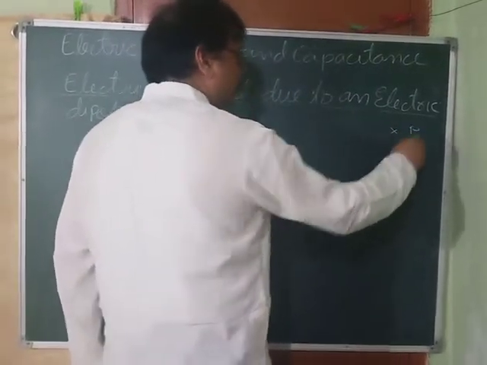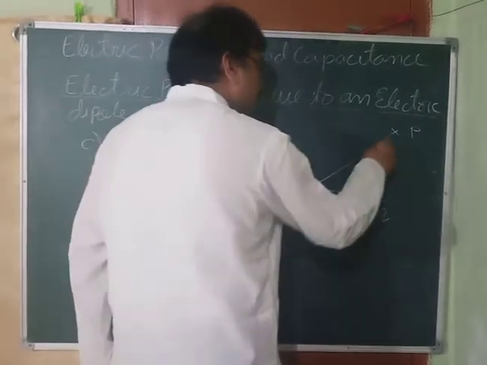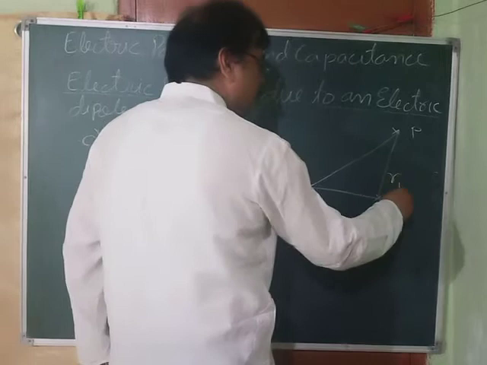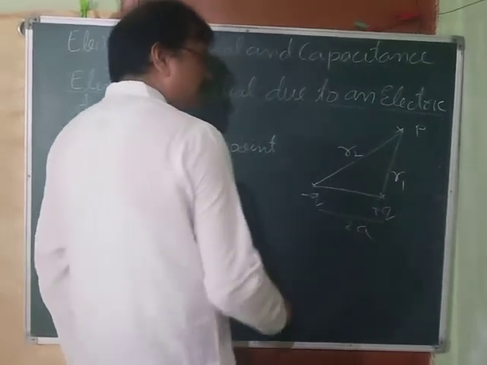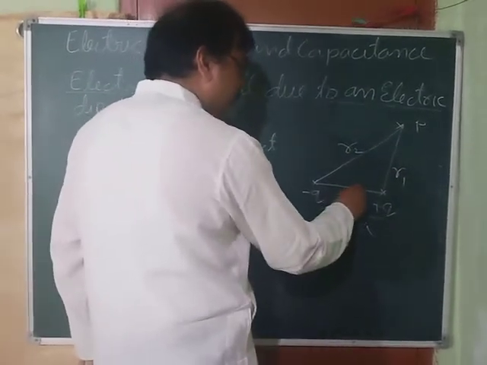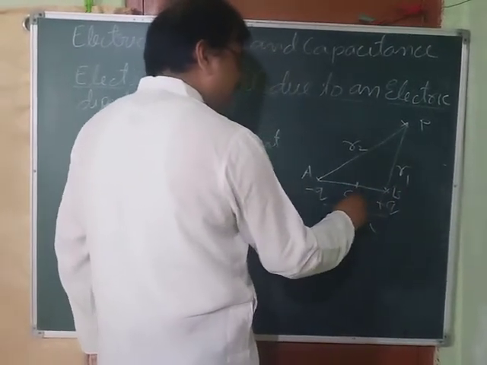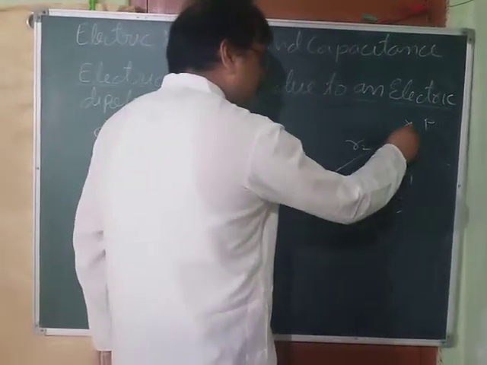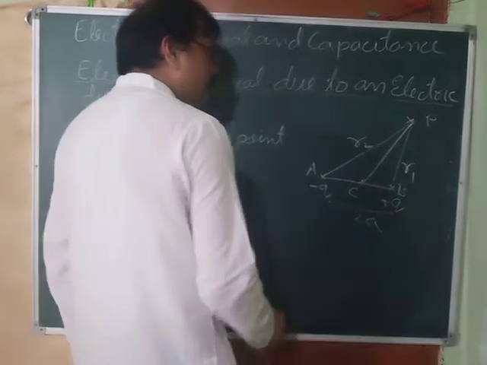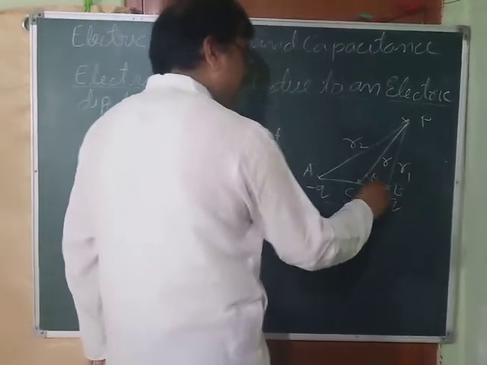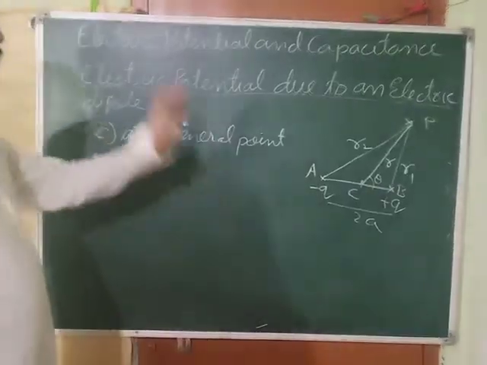This is our point P. Let us join this. Let this distance be R1, this distance be R2. From the center, let it point C. Let this distance be R and this angle be theta.